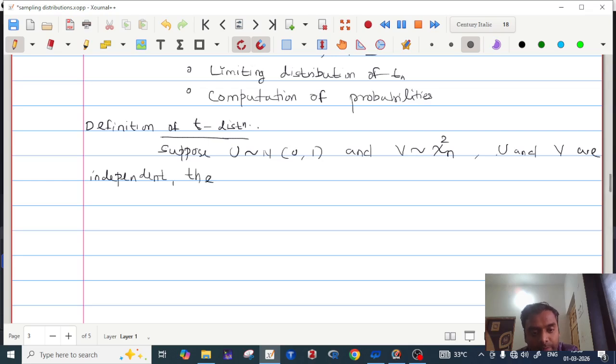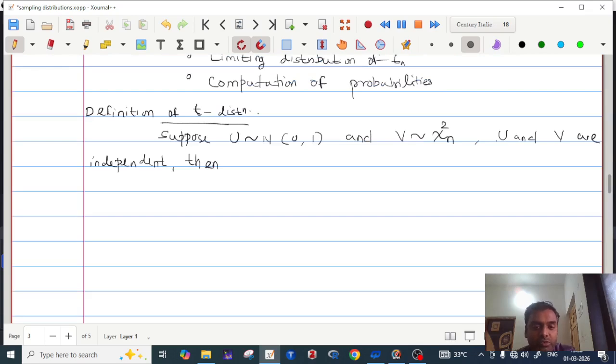Then the t distribution, or t statistic, is defined as t equals U upon the square root of V upon n, which is nothing but normal 0, 1 divided by the square root of chi-square n upon n.